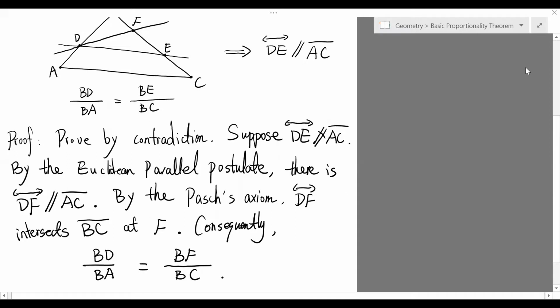But recall that BE over BC is also equal to BD over BA.